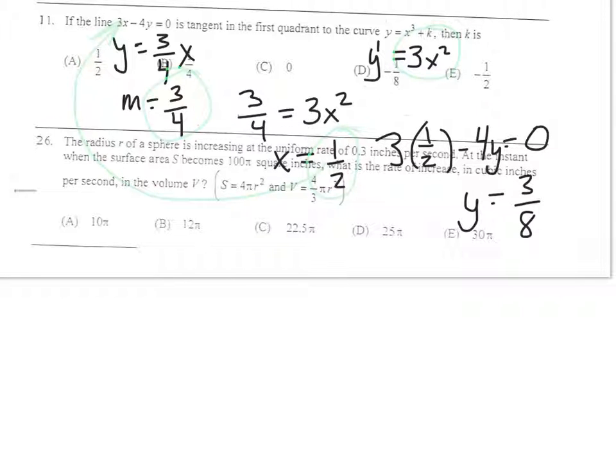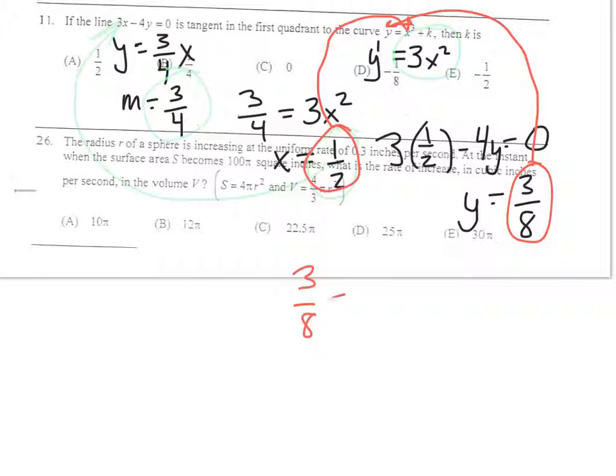We've got the x value, we've got a y value here, and we're going to figure out k. We're going to put that into that beginning equation up here. So you should end up with 3/8 equals 1/2 cubed plus k. You'll end up with a k value of 1/4.